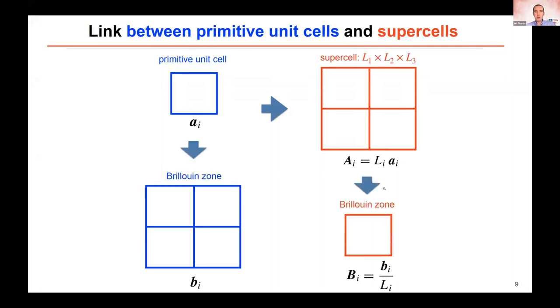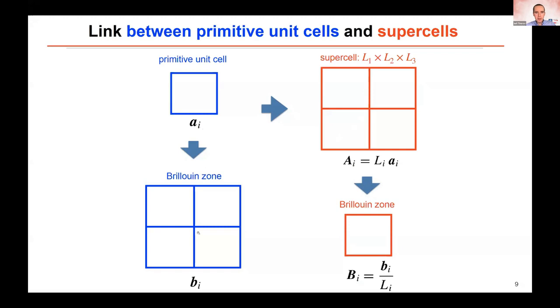Okay, now what about the Brillouin zones of these two lattices? For the primitive cell, we have a larger Brillouin zone, and for the supercell, we have a smaller Brillouin zone. This is because if we have a small cell in real space, we have a large Brillouin zone in reciprocal space, and vice versa.